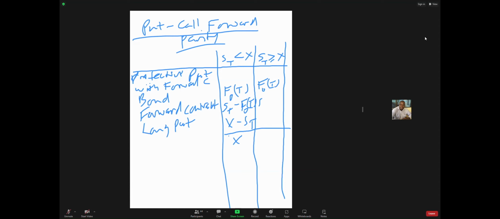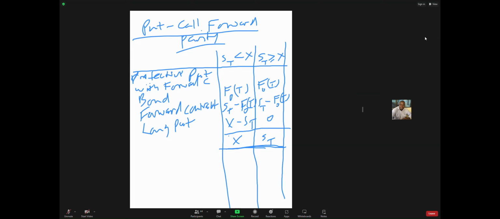Then it remains ST minus the forward price. The forward price doesn't change. Then here, the value of this thing will be 0. So F0T and F0T cancel, so the value here is ST. So total value, you can see it has not changed, even with a forward contract in it.